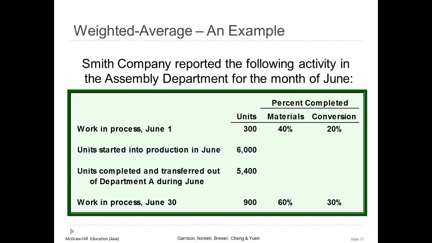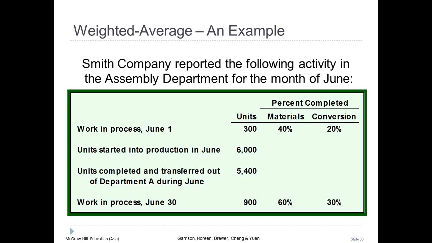Let's look at an example of calculating the cost per equivalent unit for the assembly department of Smith Company. The assembly department is only one of the company's processing departments. Notice that the department started the month of June with 300 units that are 40% complete as to materials and 20% complete as to conversion, which is direct labor and overhead.